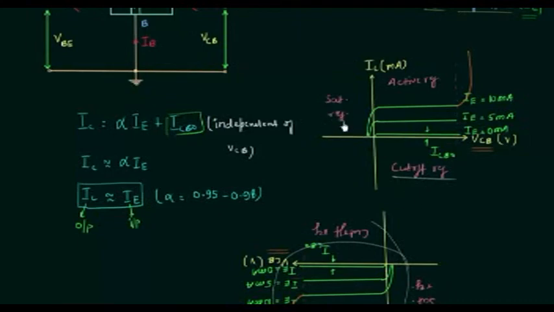In the saturation region, both the diodes are forward biased and we can consider the transistor as a closed switch or logical on. You can see the collector current IC starts to reduce and becomes 0 in the saturation region, and this is how we have to plot the output characteristics of the common base transistor.